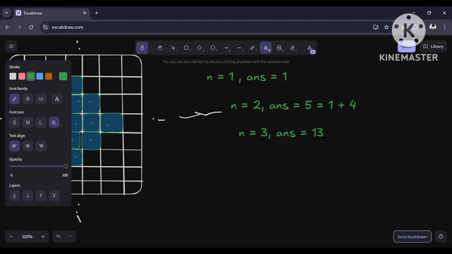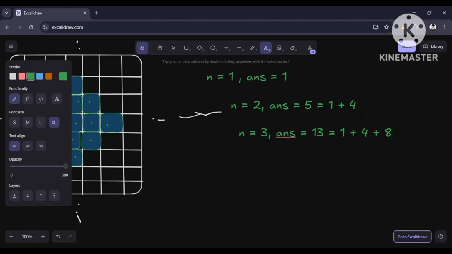And this 13, I can write as 1 plus 4 plus 8, that is 5 and 8, right? So 1 plus 4 is common here. So my current answer depends on the previous answer.